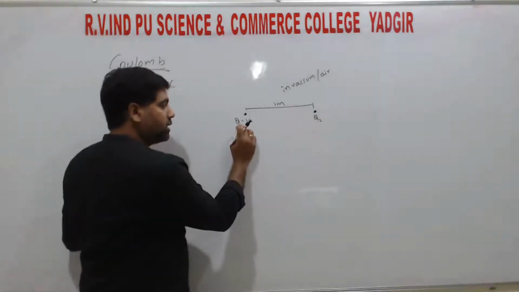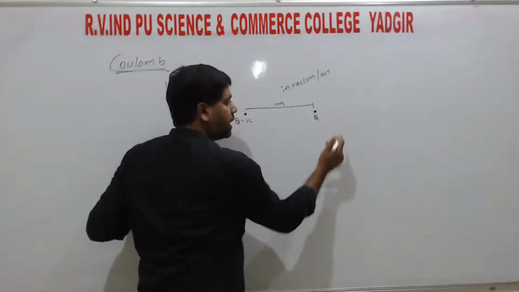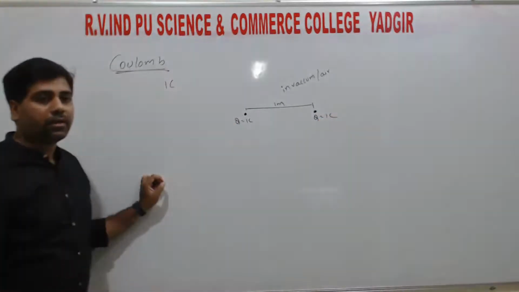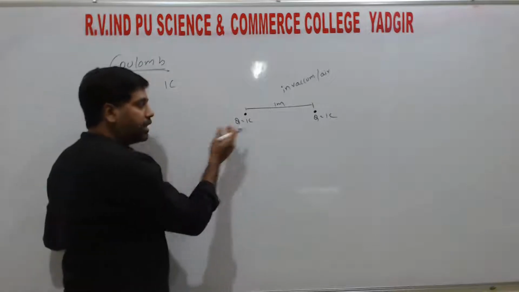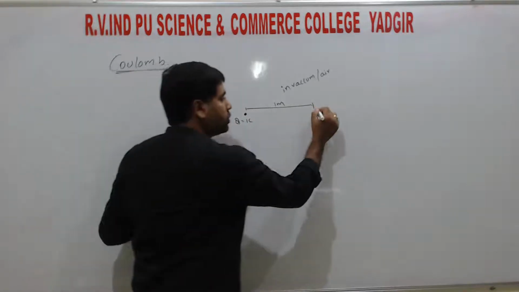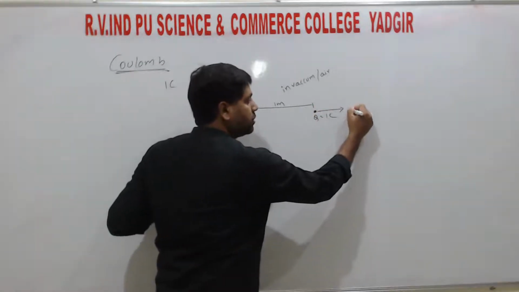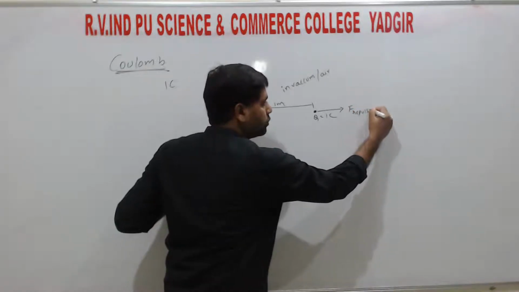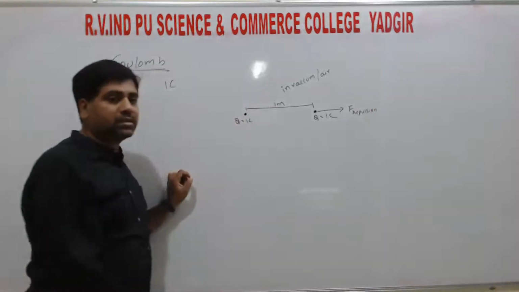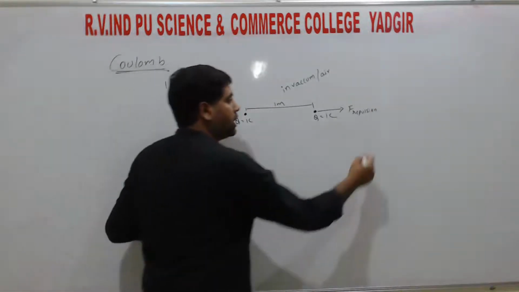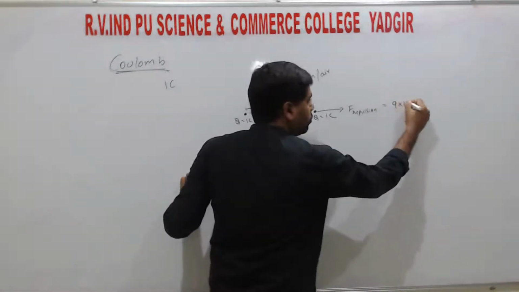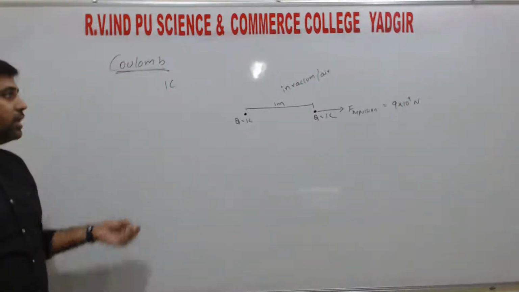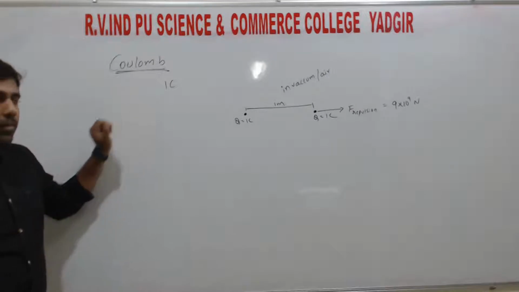Same charge means similar to the charge Q, so here also it has 1 Coulomb. Then it exerts a force of repulsion. Force of repulsion is important because both are the same charges. It exerts a force of repulsion equal to 9 into 10 to the power of 9 Newton. This is the definition of the Coulomb.